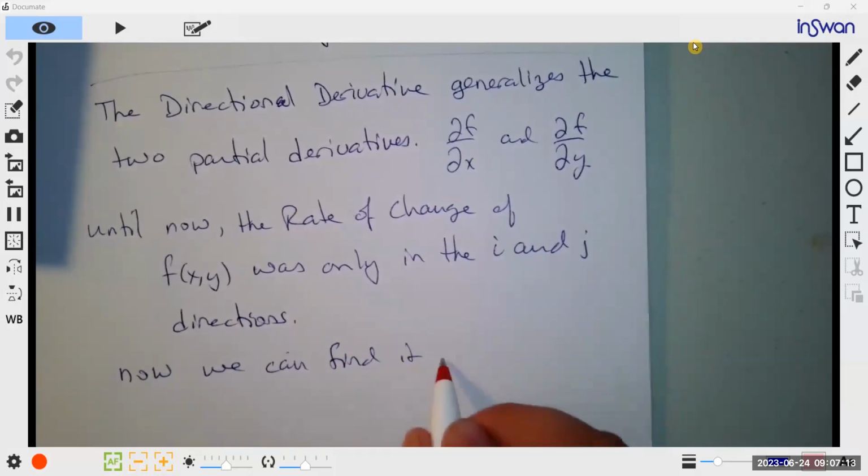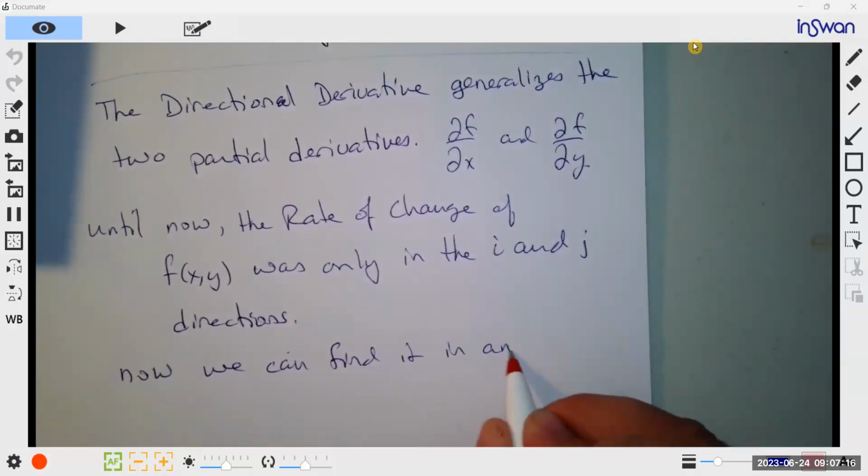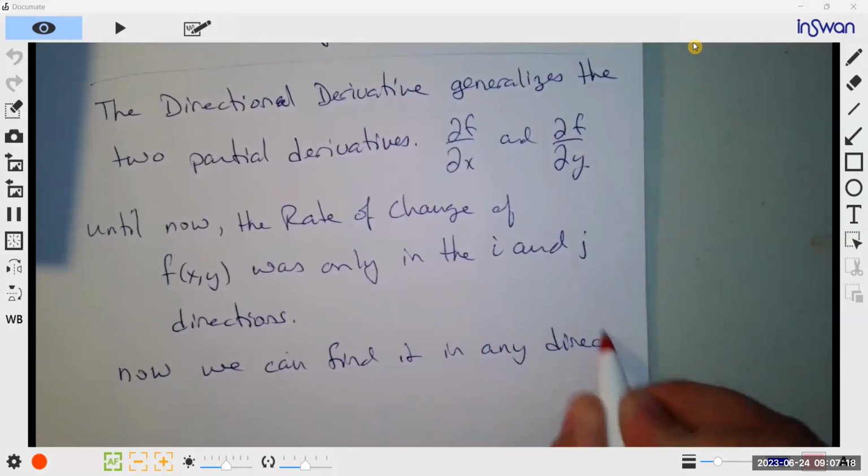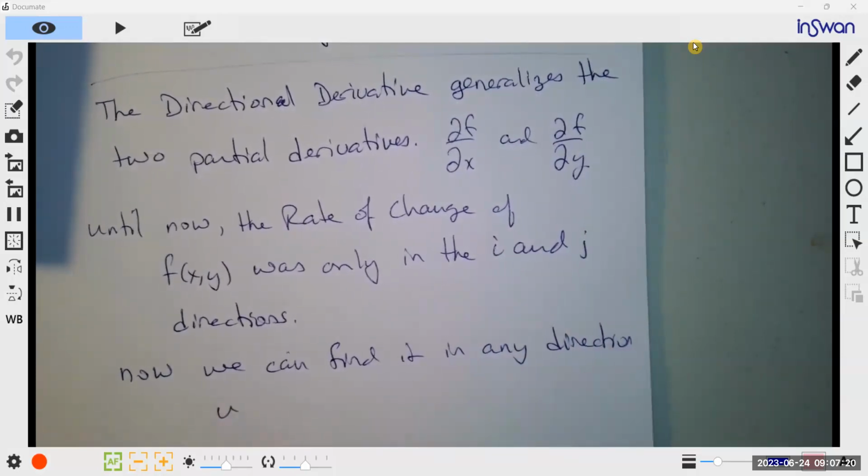Now we can find it in any direction of the unit vector.